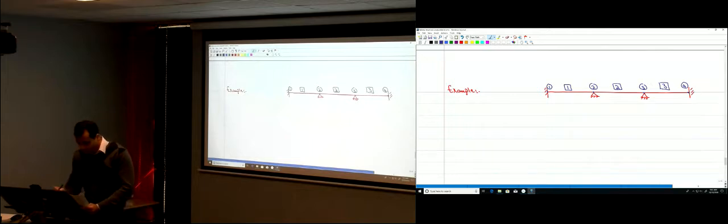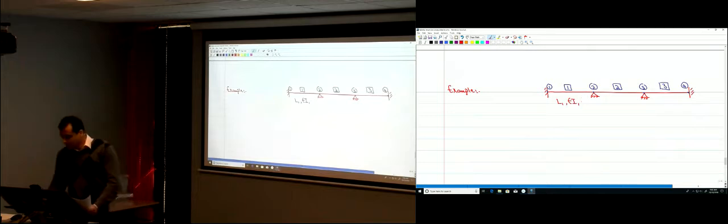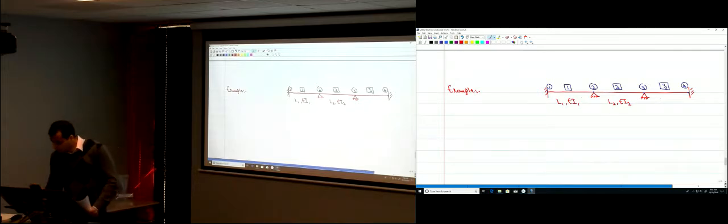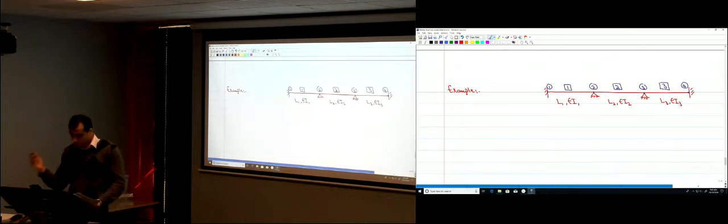Each of those elements has a length. So element 1 has a length L1 and an EI1. Element 2 has a length L2 and an EI2 that can be different from member 1. The third member has a length L3 and EI3.